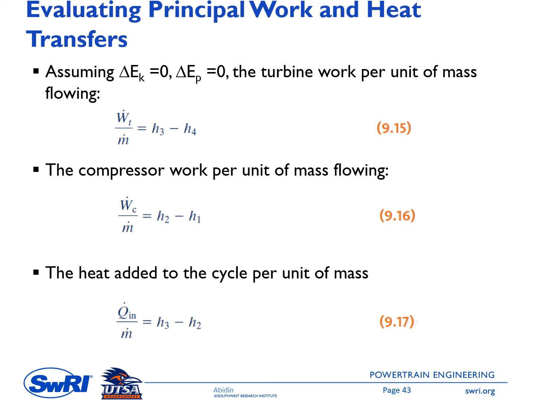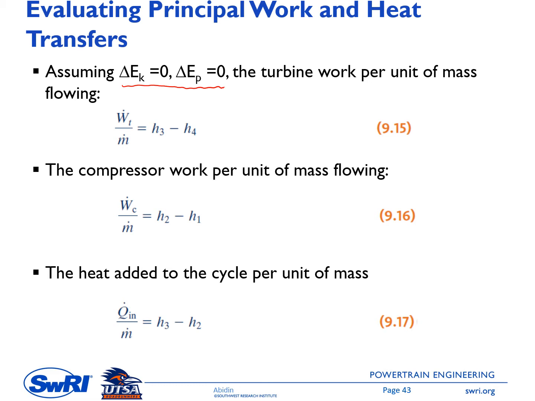In this case, we can assume that there is no impact of the kinetic energy and potential energy change, and then by applying mass and energy conservation on each component of the gas turbine system, we can get several equations that can be used to estimate the performance of the system.